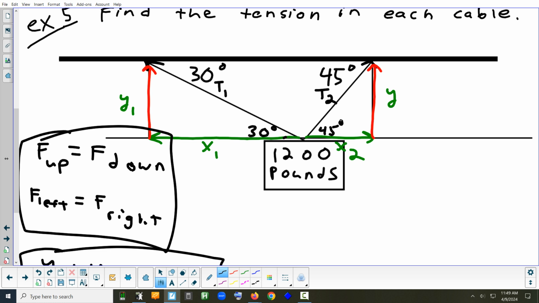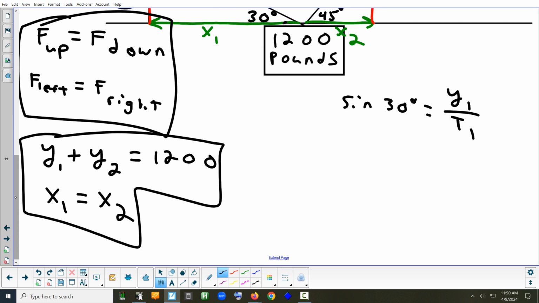Okay, so now, using this 30 on the inside, what trig function could we use to write a formula for y1, and it needs to use t1? Yep, sine of 30. Let's write this off to the side. Sine of 30 equals y1 over t1. Now I want something I can substitute in for y1.